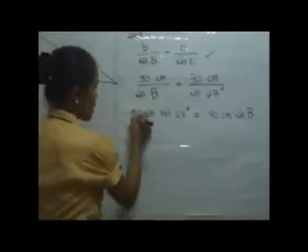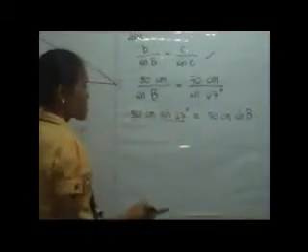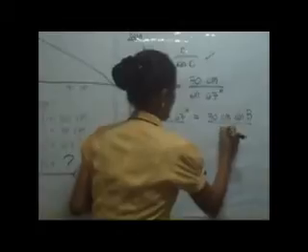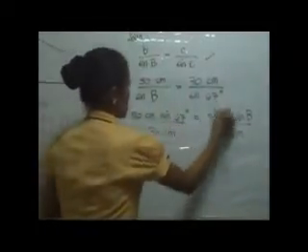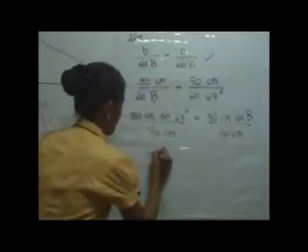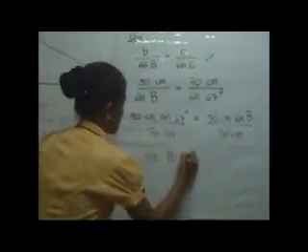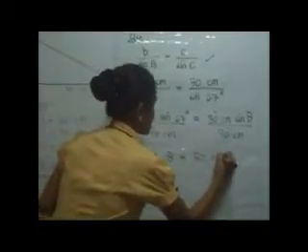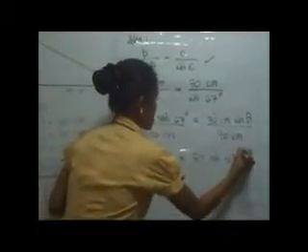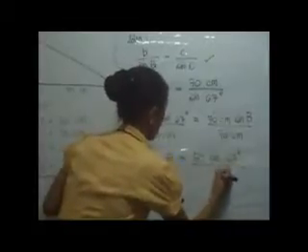Then divide both sides by 70 centimeters. So what is left here is sine B. Sine B is equal to 50 sine 67 degrees over 70.